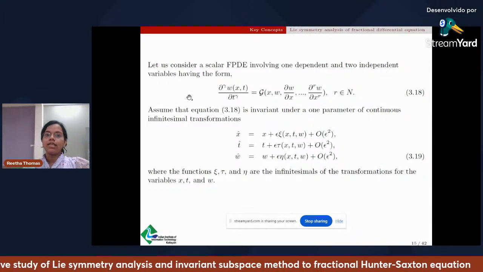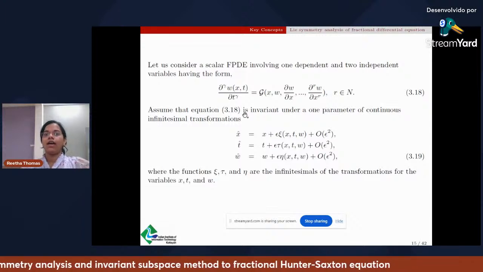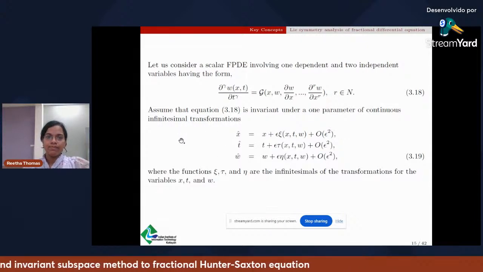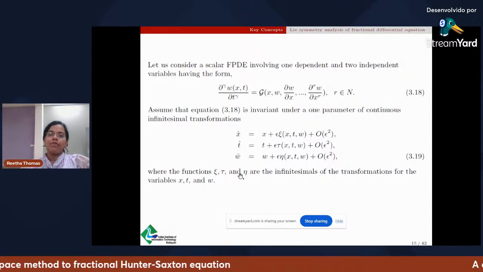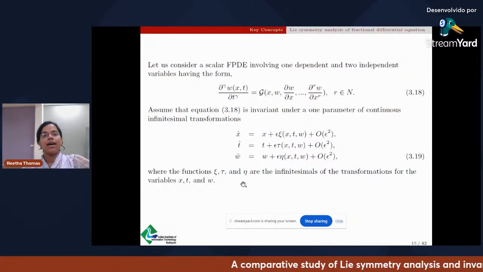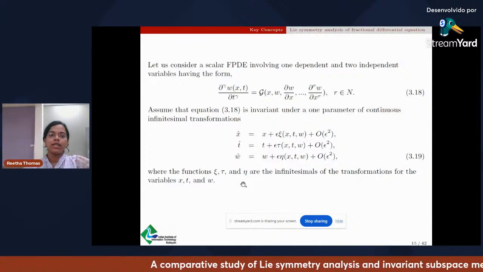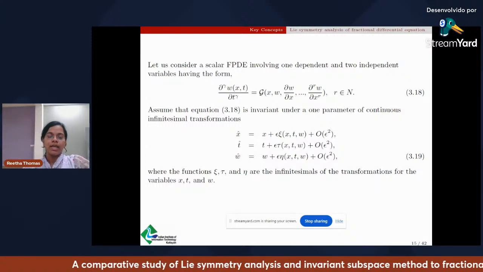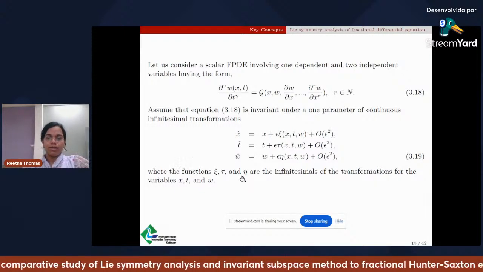Assume that this equation is invariant under the one parameter continuous infinitesimal transformation 3.90, where psi, tau, eta are the infinitesimals corresponding to the variables x, t, and w.